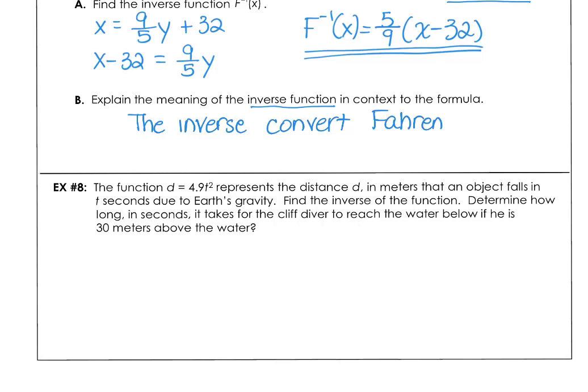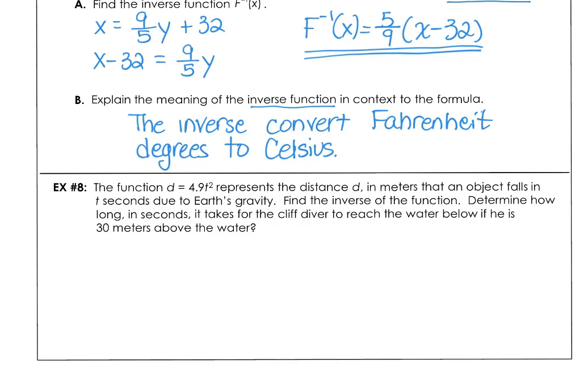Okay? Because they undo each other. One formula gives you Celsius when you have Fahrenheit. That's our inverse. The other formula gives you Fahrenheit when you have Celsius.